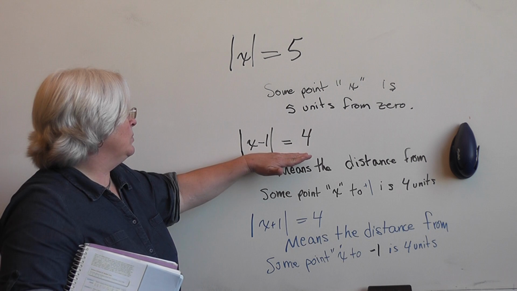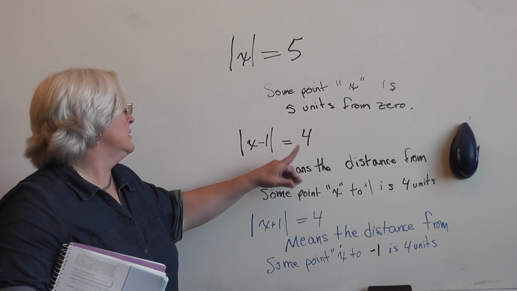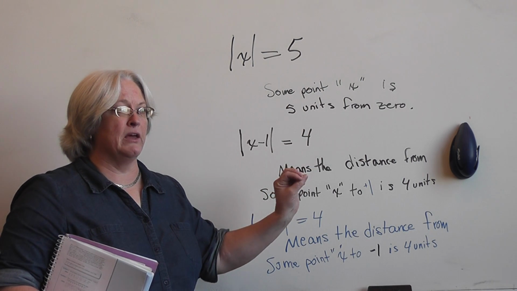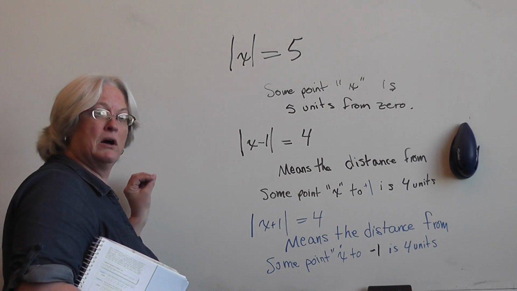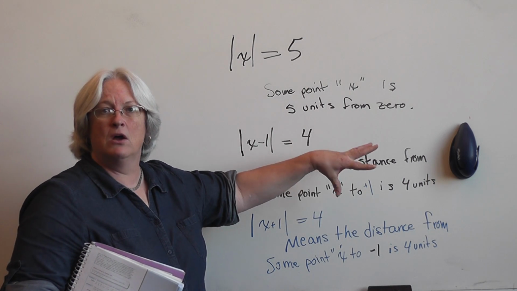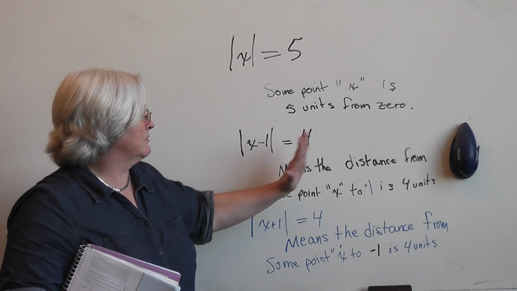It's when we end up with strange critters like this, the absolute value of x minus 1 is equal to 4, that the locations of our positive and our negative points are not the same distance from 0.